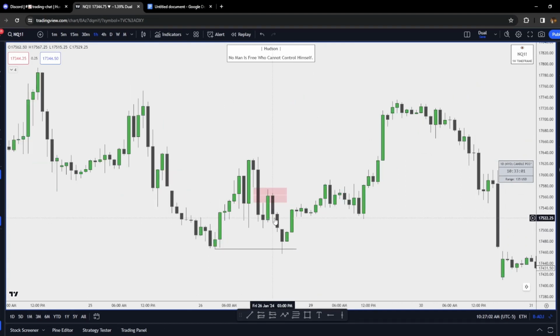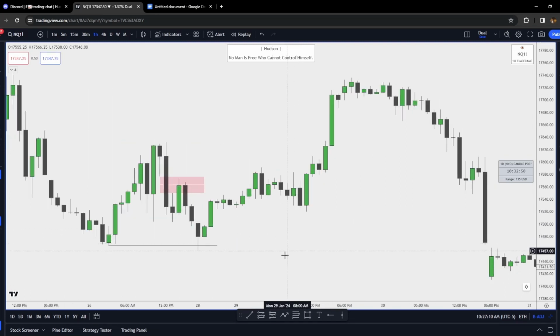But notice, we get a closure above this bearish fair value gap with a bullish one. So if order flow is now flipping to bullish, we will hold this fair value gap right here to get an intraday setup to send us to external liquidity. This is how fair value gaps give you bias in the market.